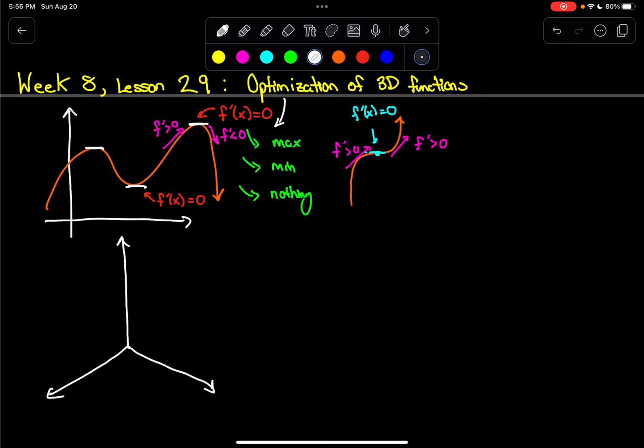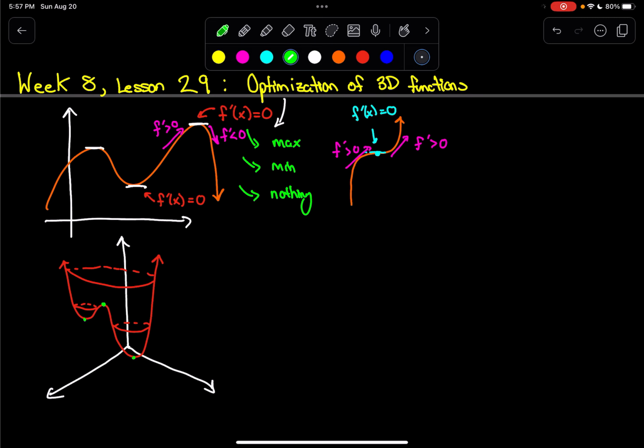Because a 3D function comes with 2 variables, and you could have something that looks like this, and this could be maybe parabolic in shape. So maybe it's round at all these different places, and you're trying to determine where there are little local maximums, where there are little local minimums, things like that. How do you do this?